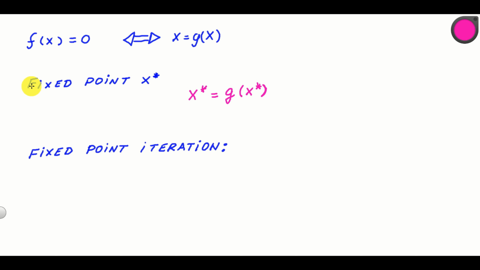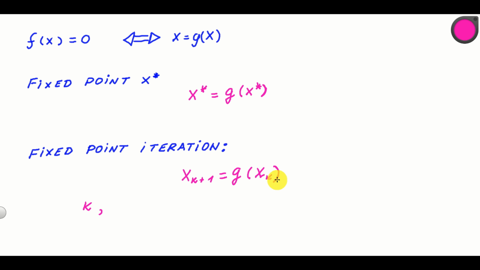The fixed point iteration is a method for iteratively computing the fixed point x star that satisfies this equation. And the fixed point iteration method, or the algorithm, is defined like this. X k plus 1 is equal to g of xk, where k is the iteration index, and we obtain xk plus 1 for fixed value of xk by propagating the function g of xk.